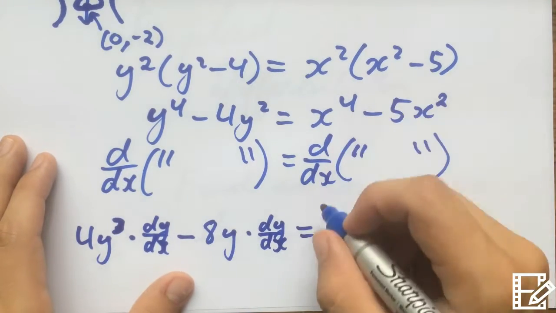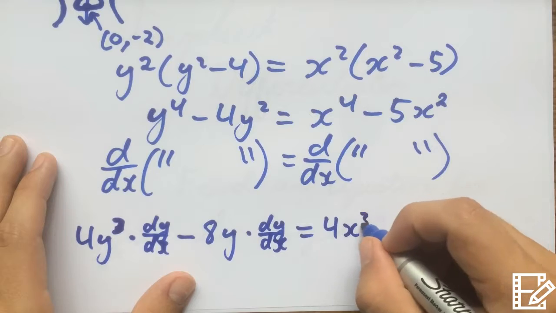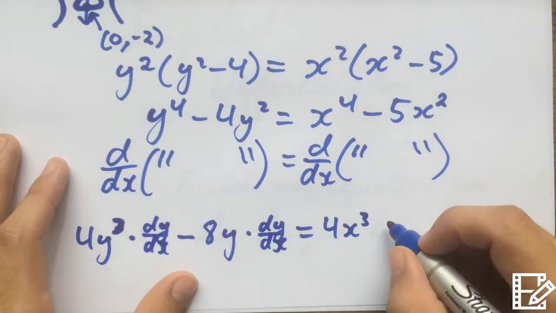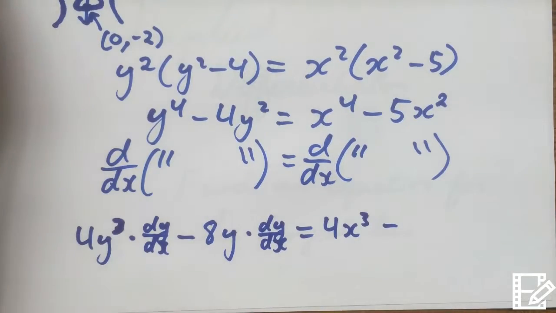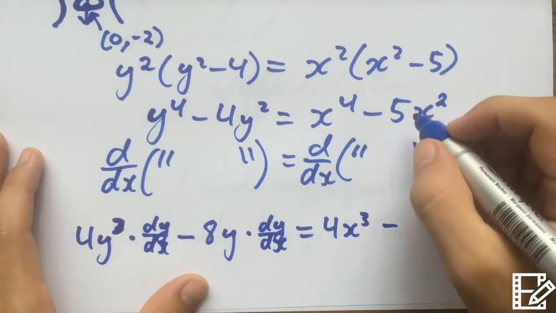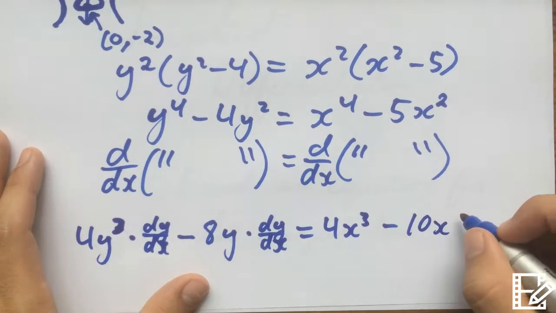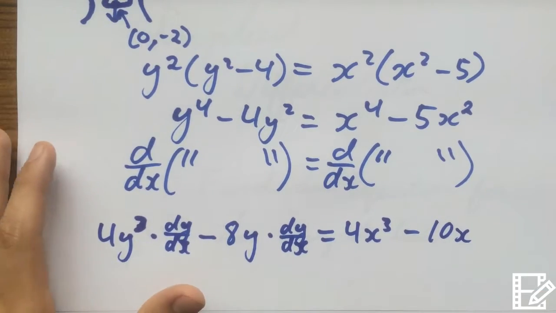That's going to equal 4x to the power of 3 multiplied by dx/dx, which is 1. I'm not going to bother writing that. We're far enough into this series that it should be force of habit by now. But this is going to be 10x, and that's going to be it.